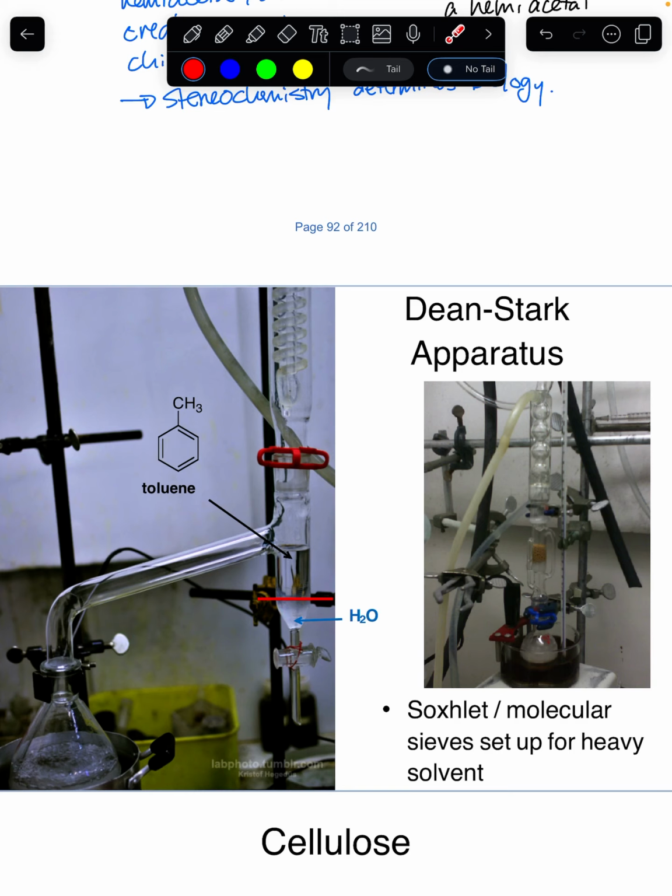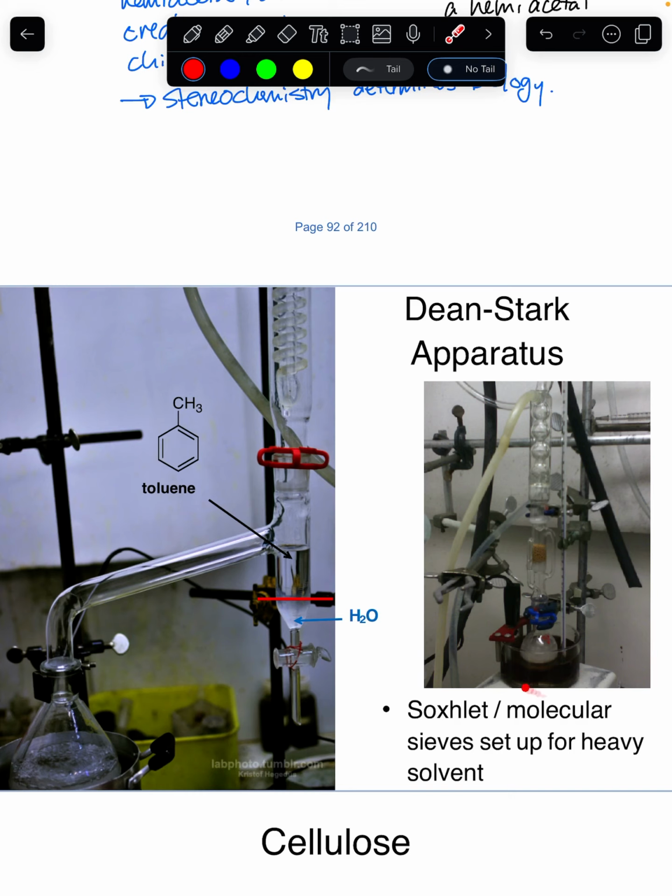This could create an issue if the solvent that you need is a heavier solvent, like a chlorinated solvent that's heavier than water. In that situation, I might take credit for this because I haven't seen anybody describe this setup, so I'm just going to for now call it the Suyama setup.